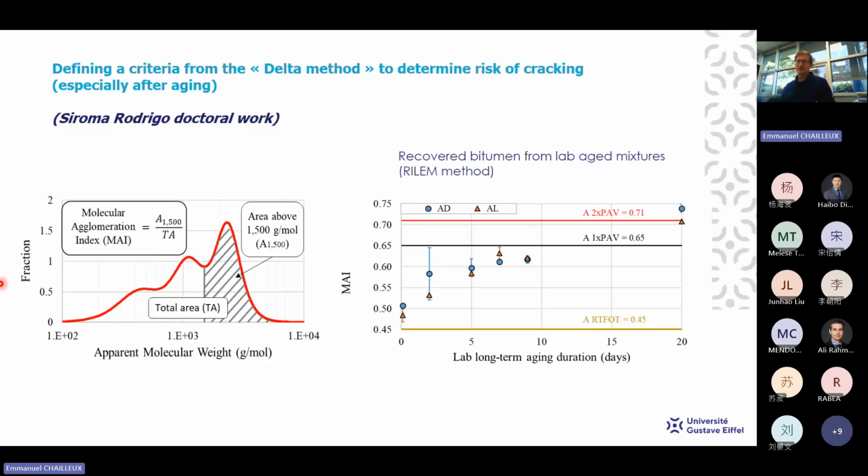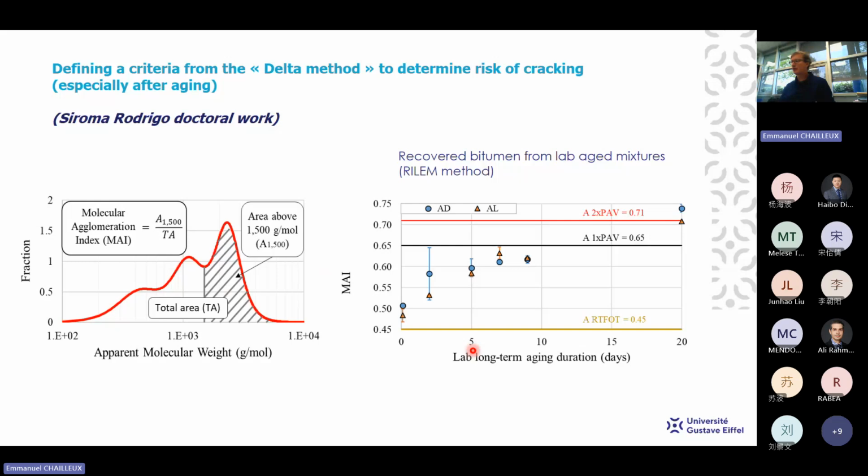So we can use the distribution calculated with the delta method to define a new criterion, which is the molecular agglomeration index, which corresponds to this area in percentage. And we have measured this molecular agglomeration index.